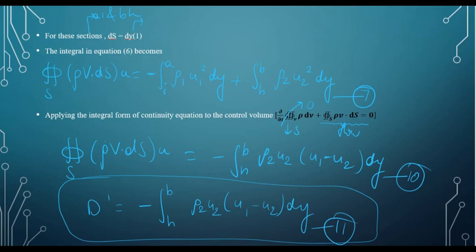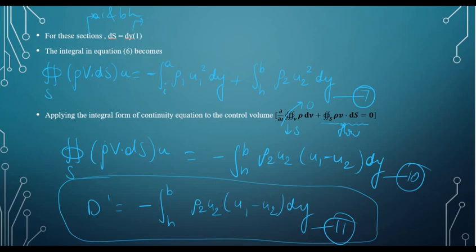And this is done by obtaining the measured data from the wind tunnel. Or we have numerical data for these two functions rho 2 and u2, that is density at the outlet and the velocity at the outlet as a function of y. By using that, we can obtain the drag per unit span.